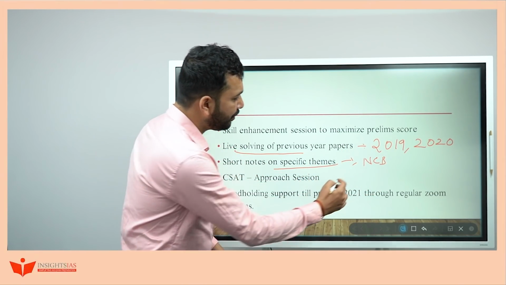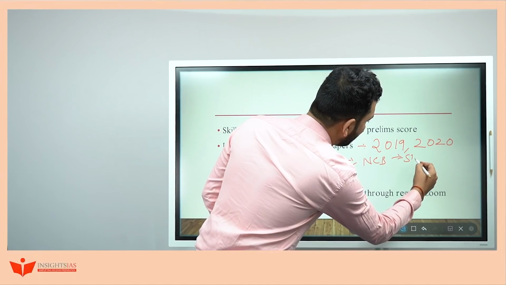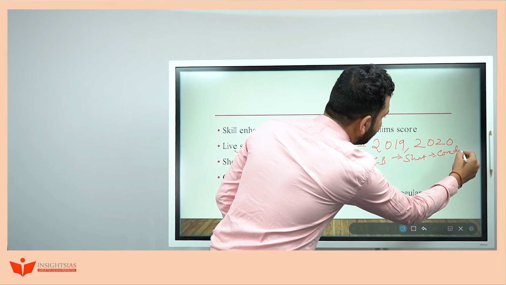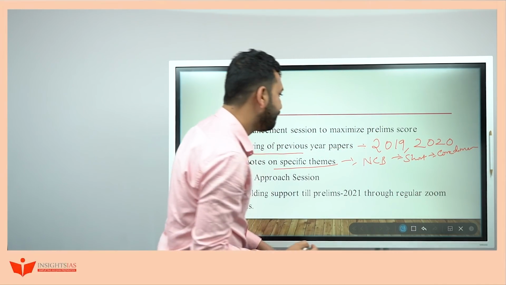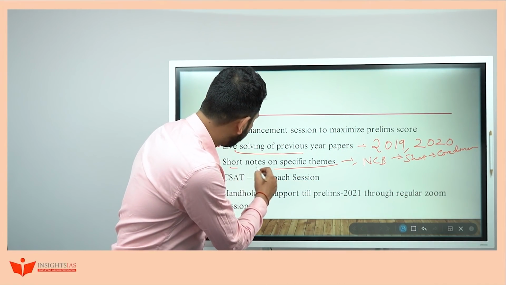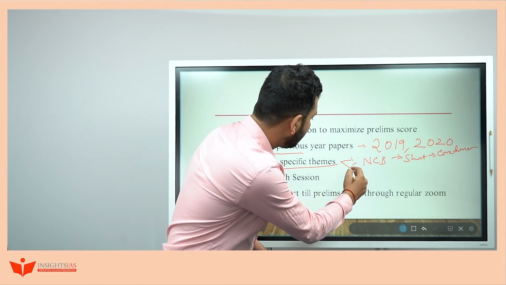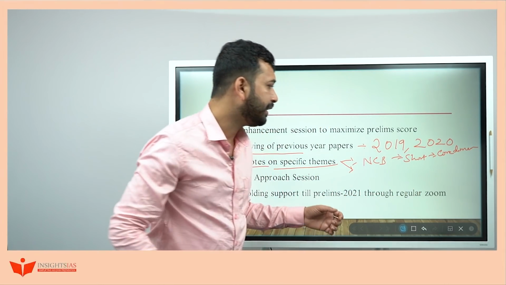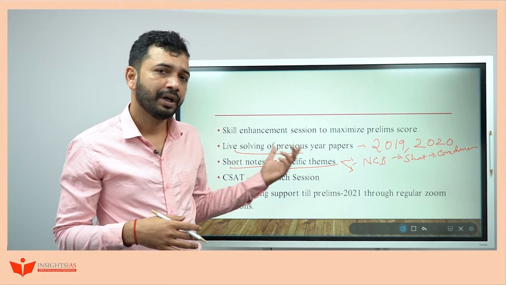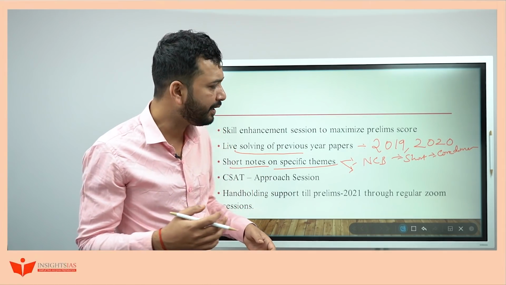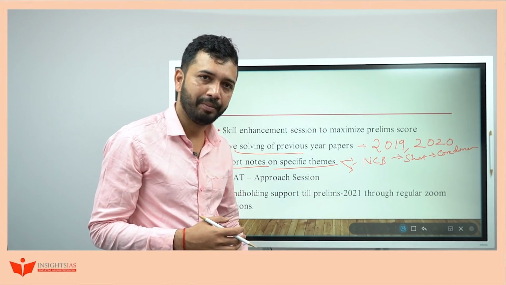For this we will give short notes with the core dimension which is required for prelims, okay. Along with that, some of the important themes like emerging technologies, renewable energy, and sustainable agriculture practices, which are more relevant these days, for them also short notes will be given.